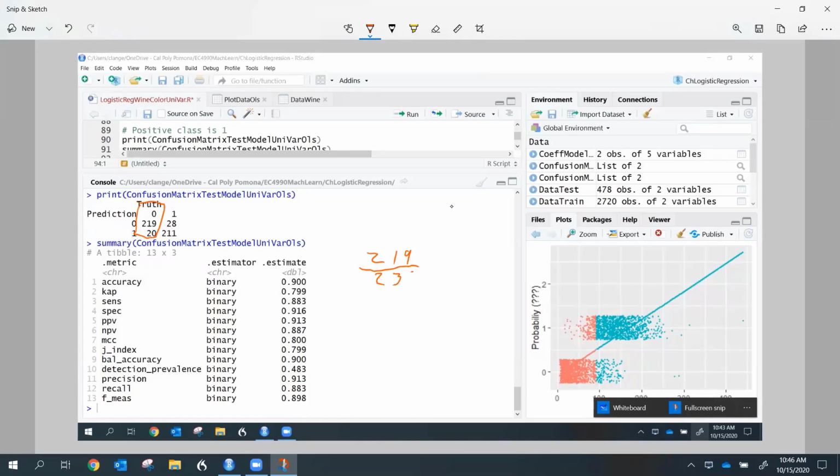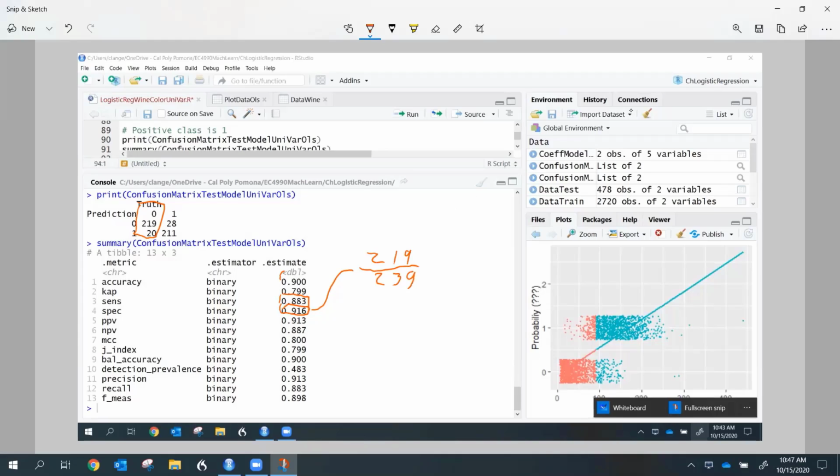That is a consequence of my strata. So 219 divided by 239 gives me how correct I was percentage-wise on the negative class, and that is called specificity. So I can see I did a little bit better on predicting red wines than I did on predicting white wines. This is why I use these different things.